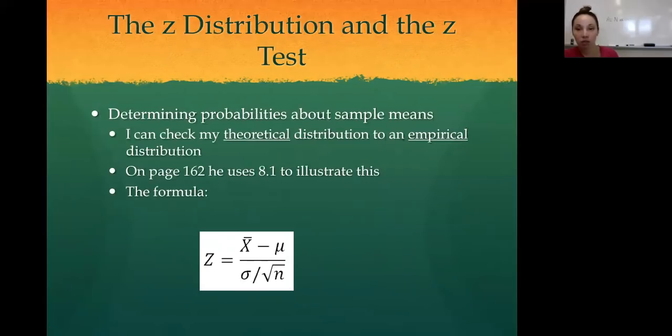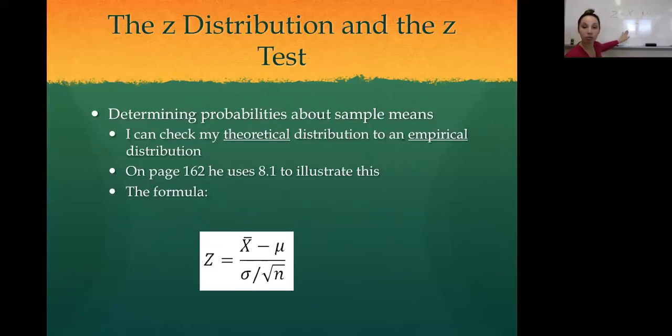So the original z formula that we were working with looked like this. Z equals x minus mu over sigma. So that was our original z formula. We had our raw score, our population mean, and our population standard deviation.